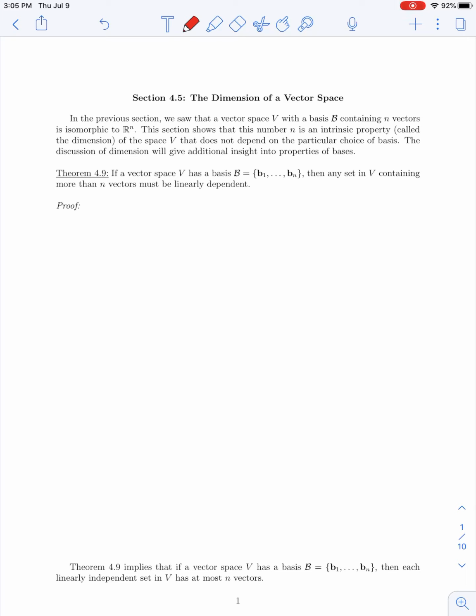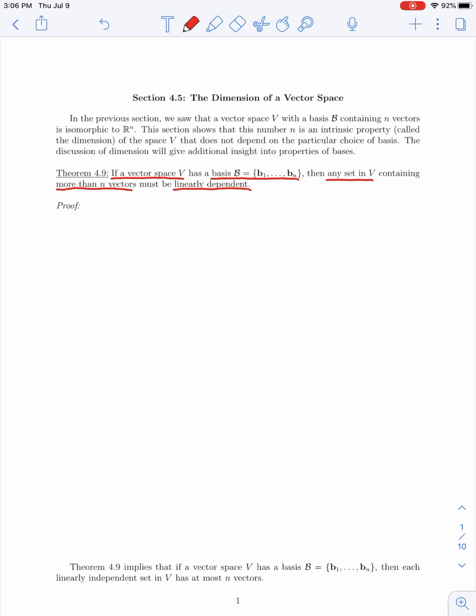So to start this section, we're going to state and prove a couple of theorems which will allow us to define the dimension for a vector space. So our first theorem, 4.9 from your textbook, says if a vector space V has a basis B consisting of the vectors b1 through bn, then any set in V which contains more than n vectors must be linearly dependent.